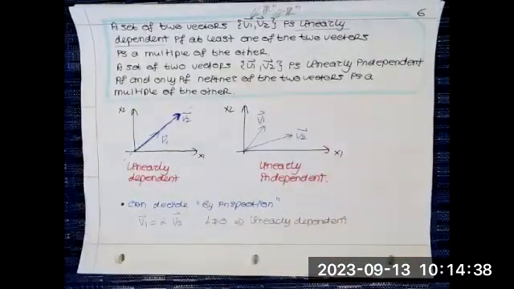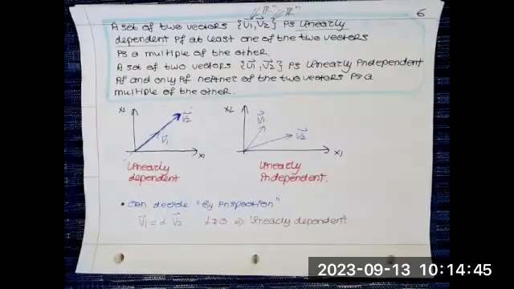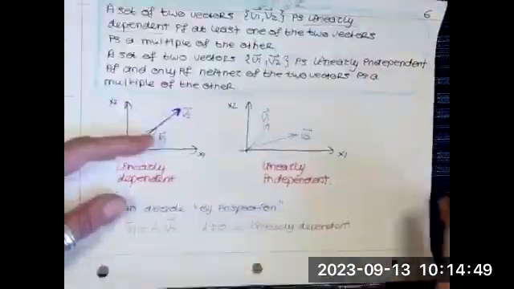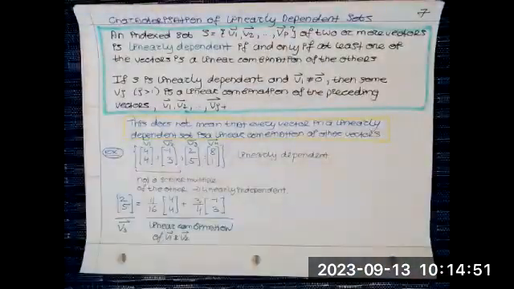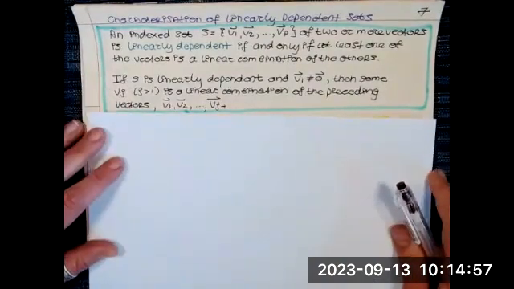Make sense? So for two vectors, very simple. Just check if they're multiples of one another. If they are, they're linearly dependent. If they're not, then they're linearly independent. All right, so for one vector or two vectors in a set, it makes sense, right?